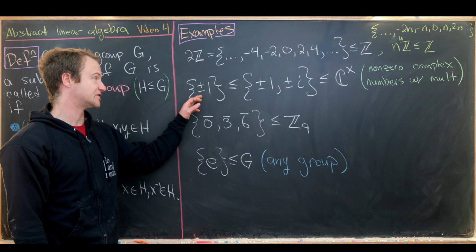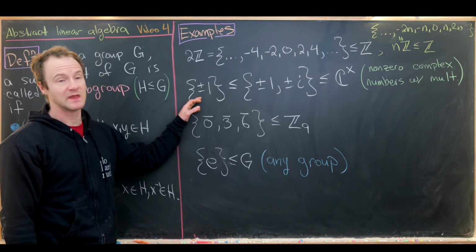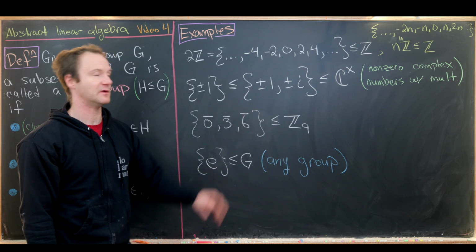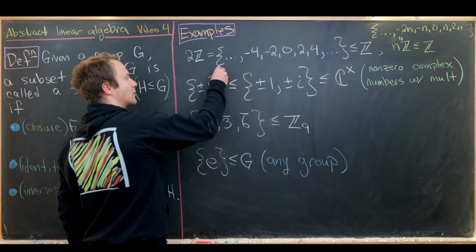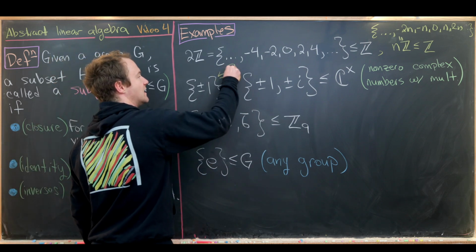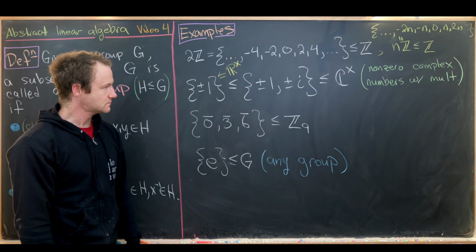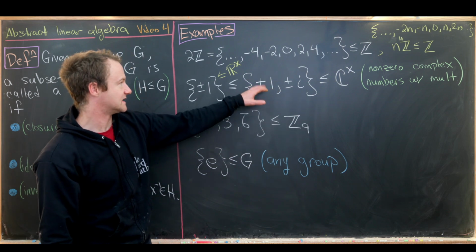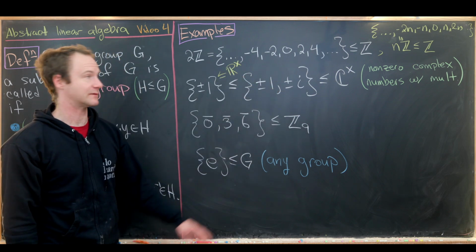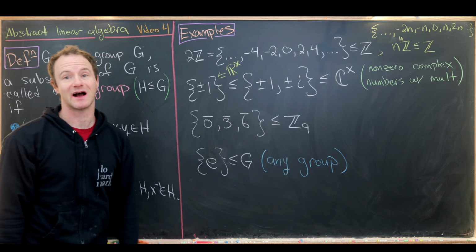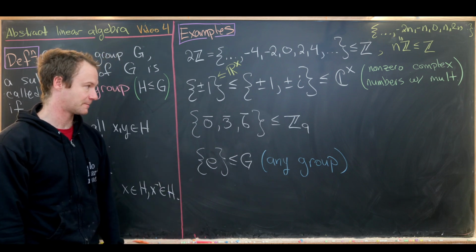But then we could also just take plus or minus 1 and observe that that will be a subgroup of this middle group. Furthermore, it's also a subgroup of the non-zero real numbers, which I could write like this. Now, this one right here in the middle is not a subgroup of the non-zero real numbers because we have the imaginary number i in there, which is not a real number.